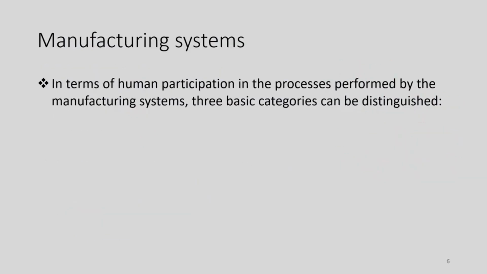Now, the next point of discussion is manufacturing systems. As we have seen in the definition of a production system, there is a set of equipment and raw material, and we are processing that raw material by using the set of equipment.